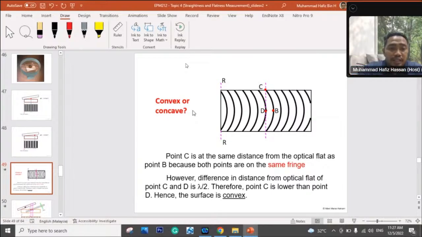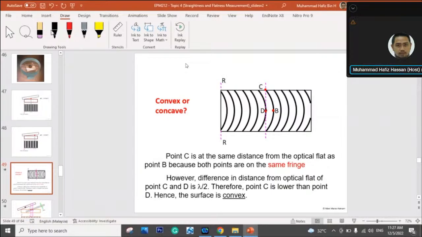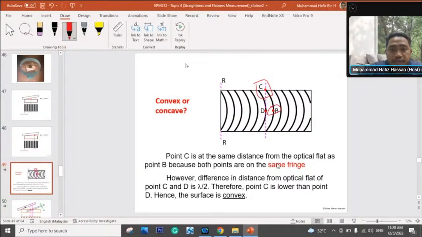Point C is at the same distance from the optical flat as point B, because both points are on the same fringe. You can see point C here, and also B. They have the same fringe pattern, so they are considered the same distance from the optical flat, because they are aligned in the same fringe.